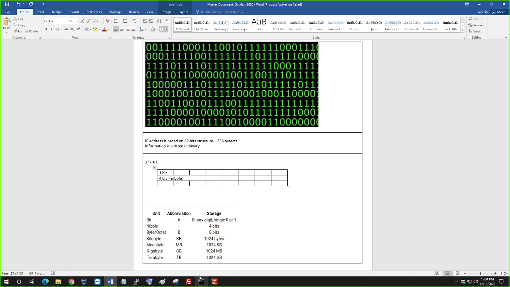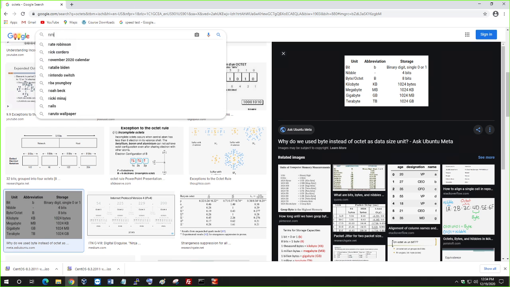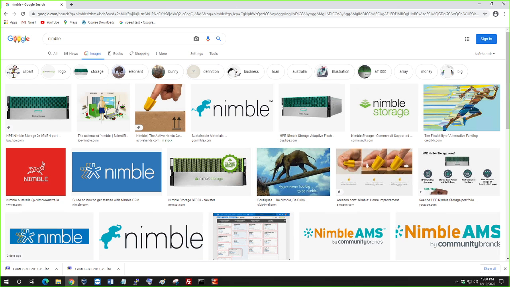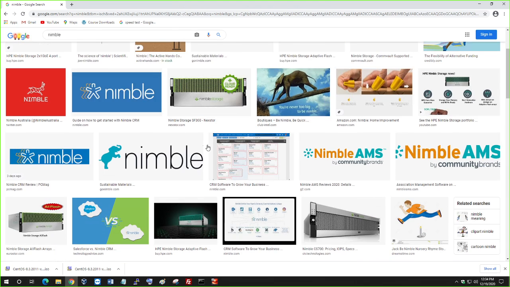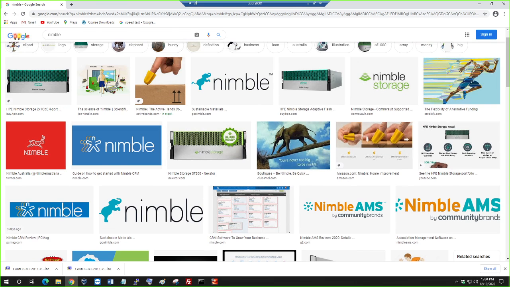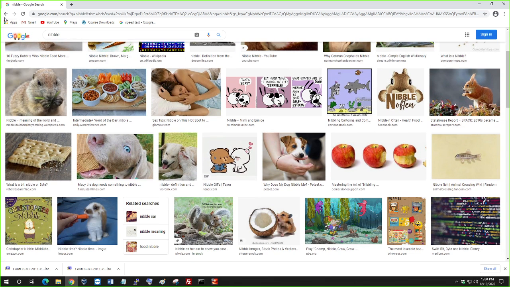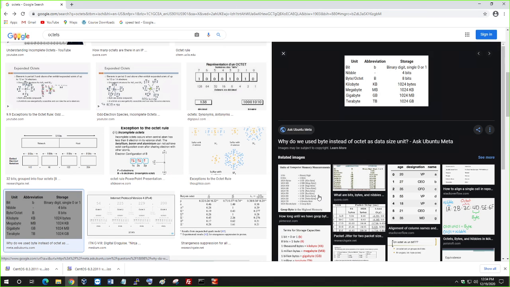Is it nibble or nimble? I thought it was nimble. Okay, I may be wrong here. So it's nibble. Nibble is like the second smallest. Bit is the smallest. Nibble is the second smallest here.